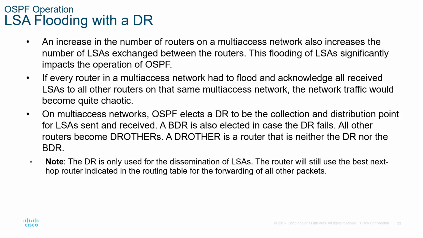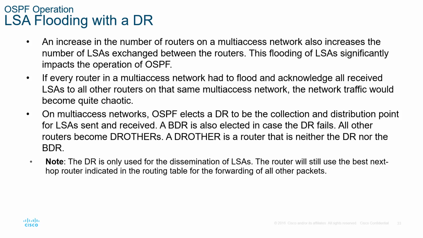So OSPF elects a DR. The DR will be used to collect and also as a distribution point for LSAs. Basically, it will be sending and receiving them. The backup DR is also elected in case of a DR failure. All other routers will become DROthers.